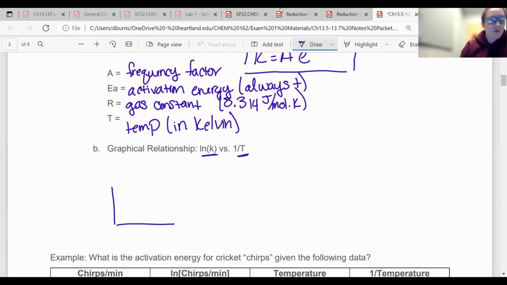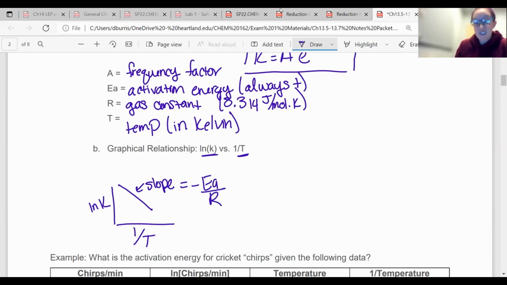If you graph 1 over temperature in Kelvin versus the natural log of k for a reaction, so essentially you're going to find k at different temperatures, you are going to get a nice straight line. Which is great because then the slope is negative Ea over R. You're going to graph this in lab and you can determine Ea from there.